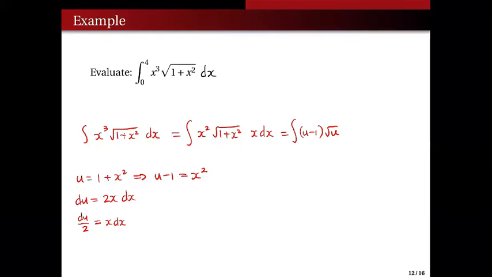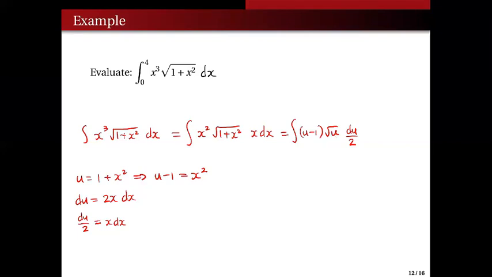And therefore, what? Here, we have du over 2. And then this one, quote unquote, looks complicated, but we can just distribute this square root of u to the sum here. You can treat u as u raised to 1/2.